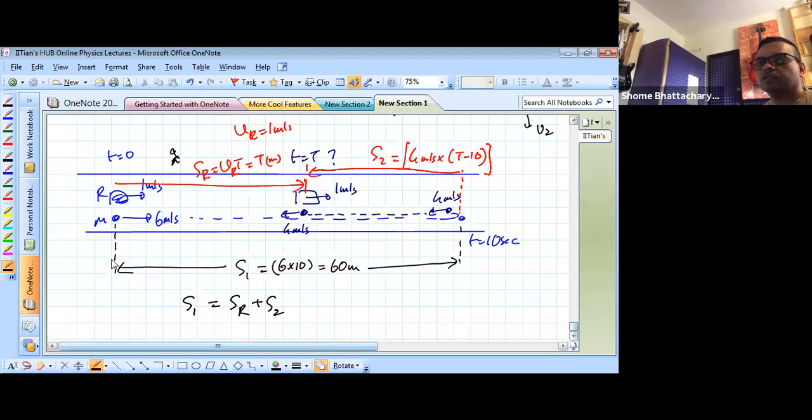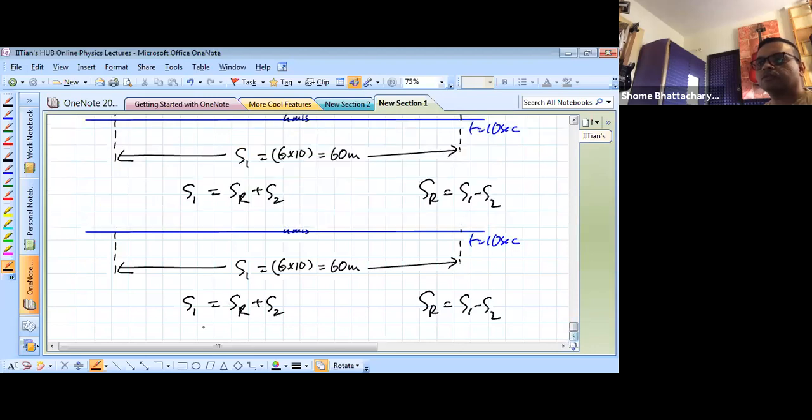The downward displacement of the raft plus whatever magnitude it comes upward, that difference should give you how much the boat has moved. If the boat has gone down by S1 and then come up by S2, the raft has moved by S1 minus S2 during that time. You understand? So that's the same equation as this. Now you just substitute and you'll get the answer.